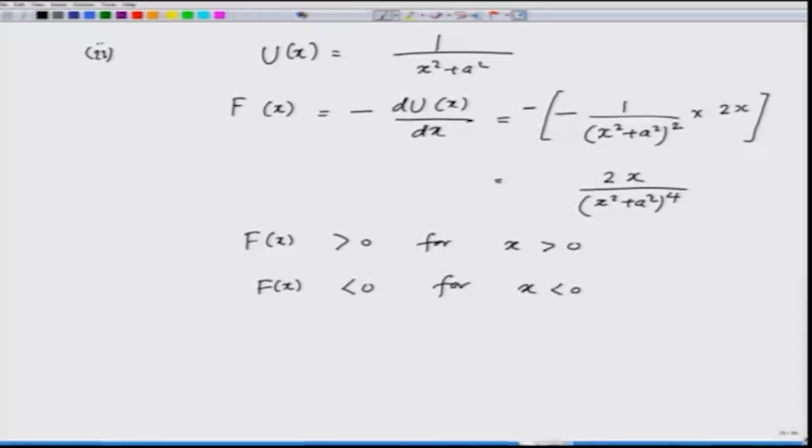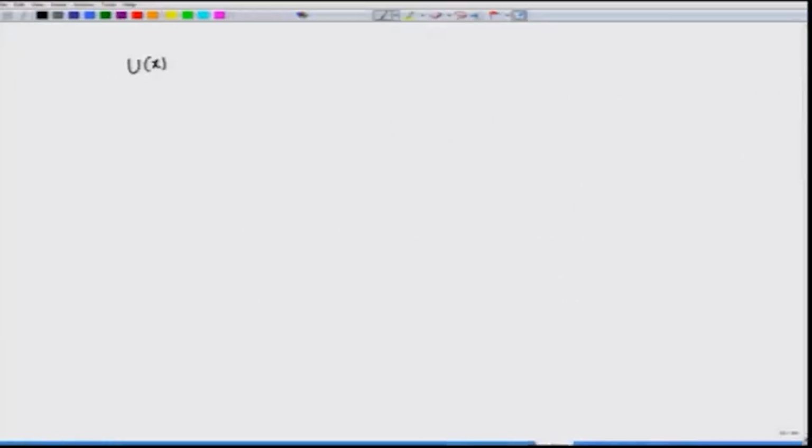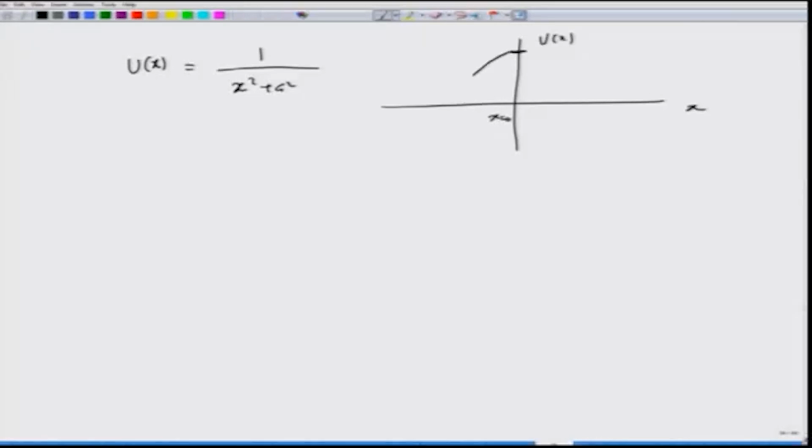Let us look at it from the plots. So, if I were to plot U(x) equals 1 over x square plus a square, the plot would look like this: the potential is maximum at x equals 0 and it goes down like 1 over x square far away, right.